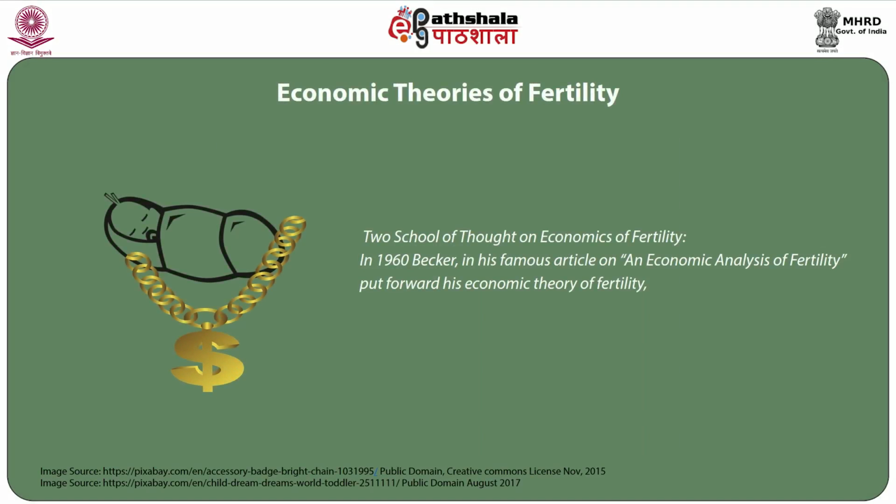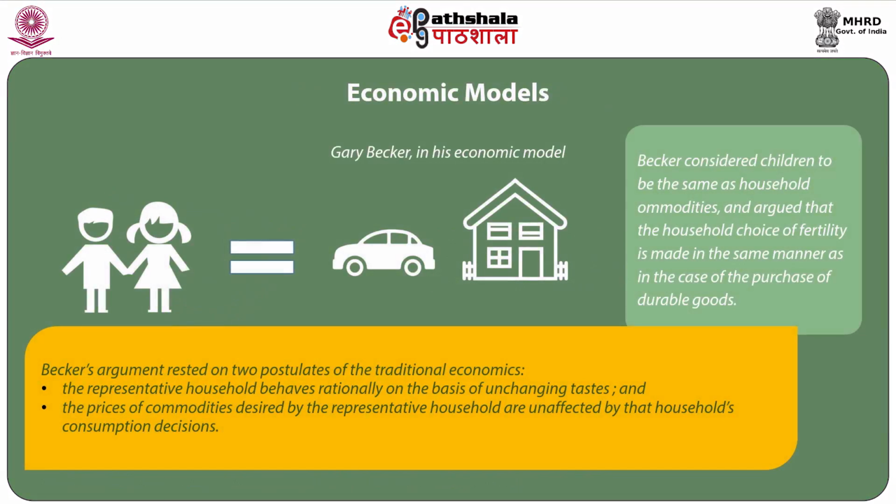Then the Becker model also led to two schools of thought on the economics of fertility. Becker, in 1960, put forward his economic theory of fertility in An Economic Analysis of Fertility, where he says that children are the same as household commodities, and argued that household choice of fertility is made in the same manner as in the case of purchase of durable goods.